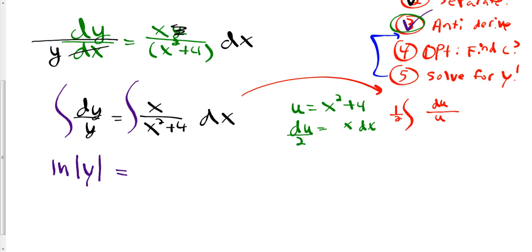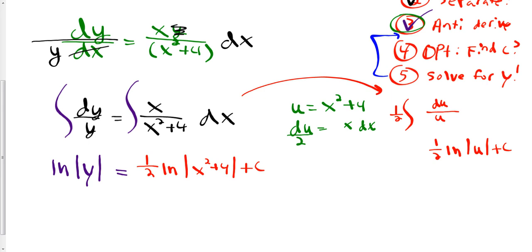So this is going to anti-derive to 1/2 ln of the absolute value of u plus c. So I'm going to write down here 1/2 ln of the absolute value of u, x squared plus 4, plus c. And we have solved 3.